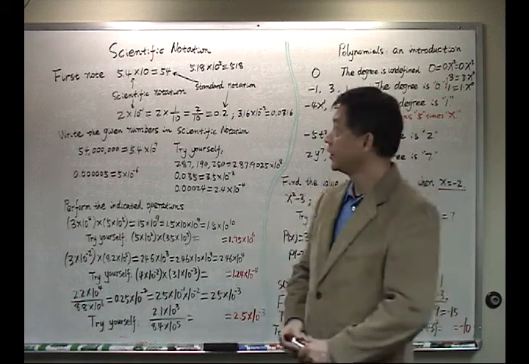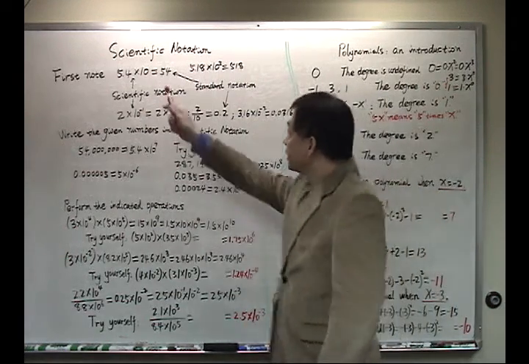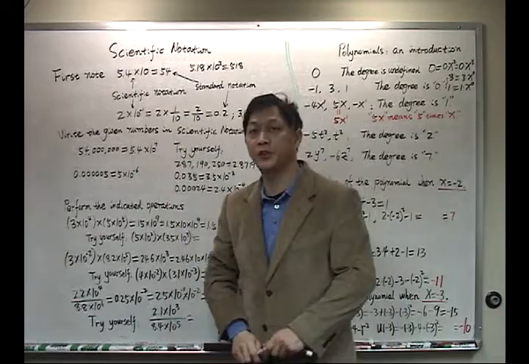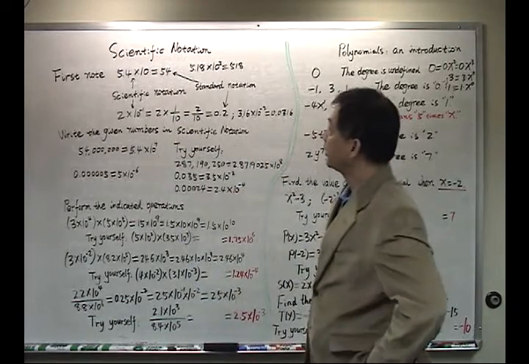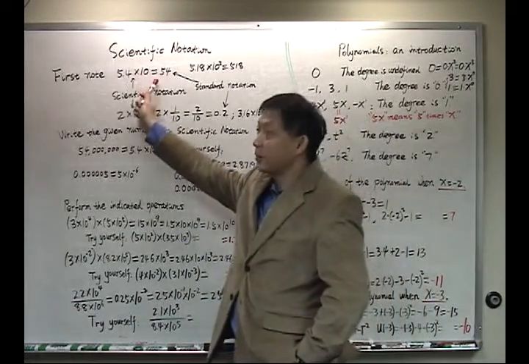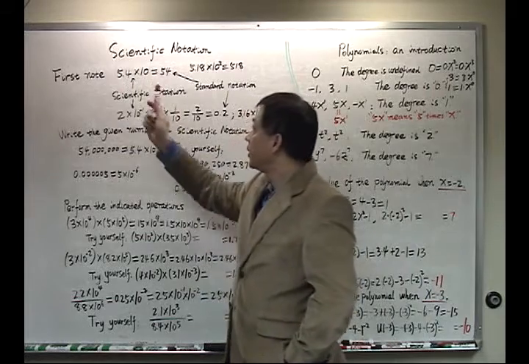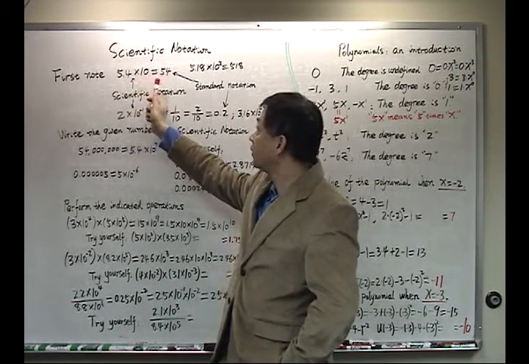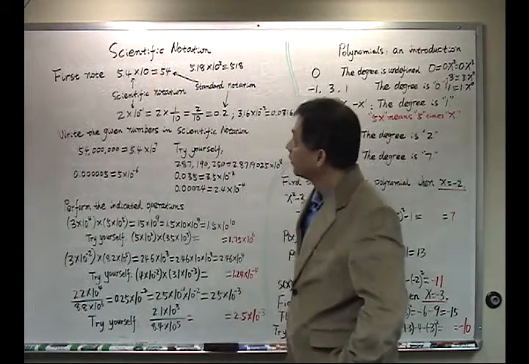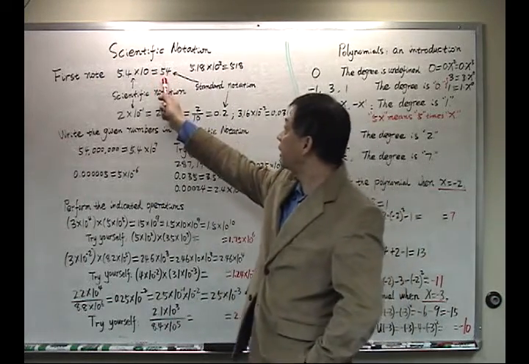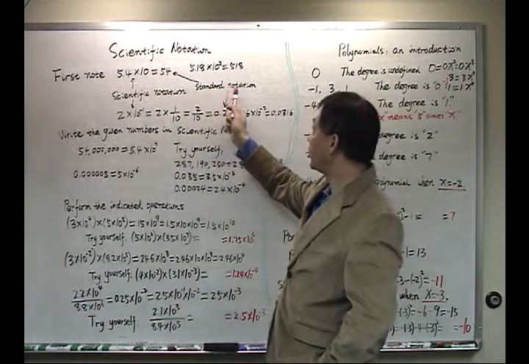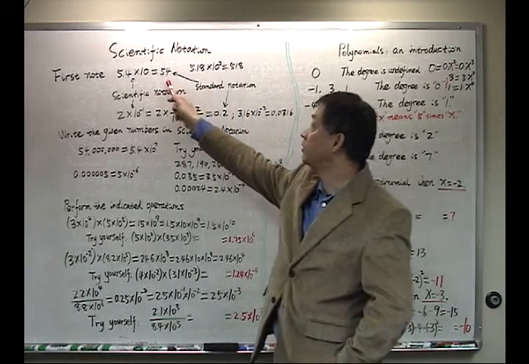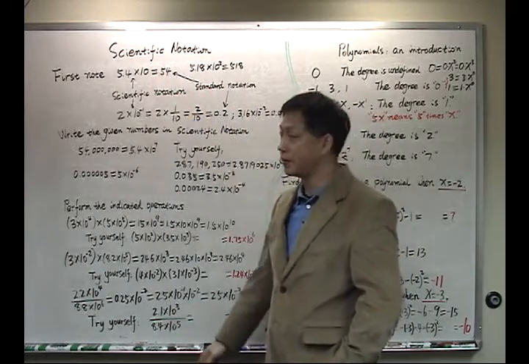In this lecture, we will talk about scientific notation first. Let's look at this example. We know 5.4 times 10 is 54. Here, the right-hand side is called standard notation. You know 54, everyone knows that.